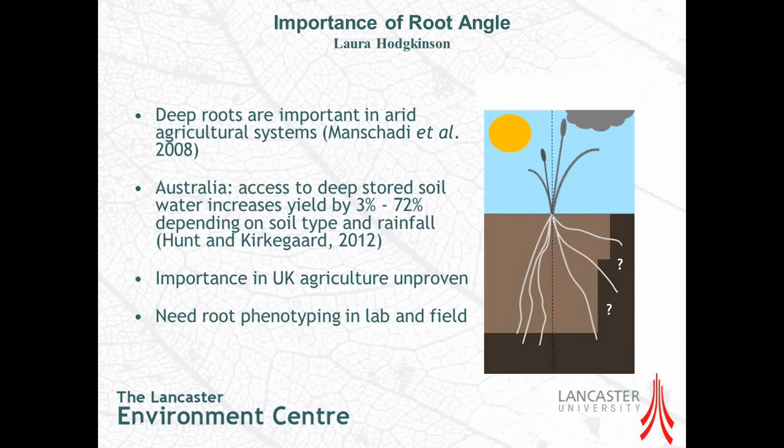In the UK, where it's a rather different soil moisture pattern, where you can frequently get rainfall throughout the growing season, is this the kind of rooting pattern that we'd actually want? And I think there are some questions as to whether this is going to be advantageous or not.